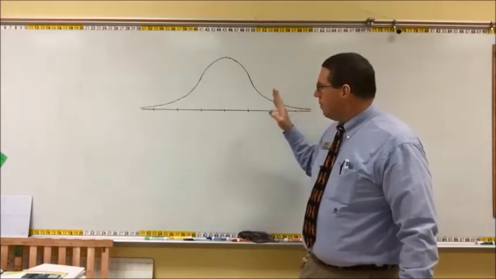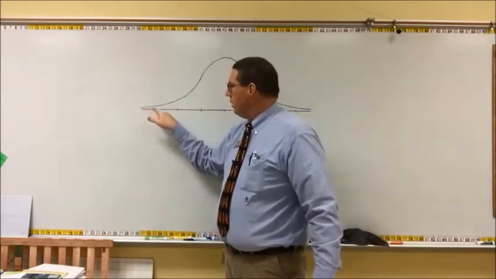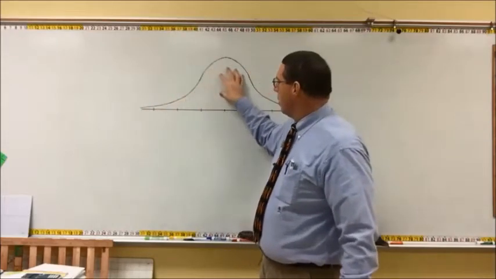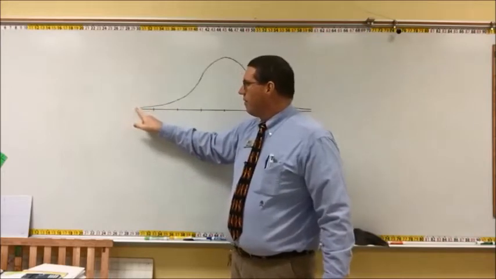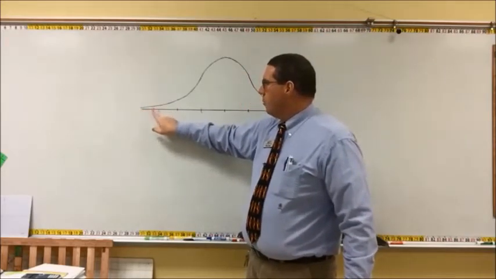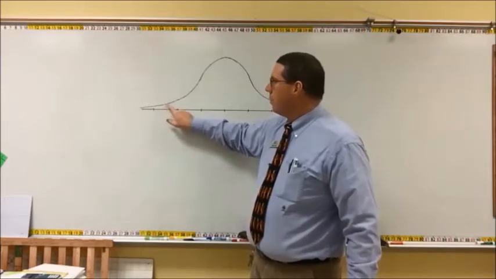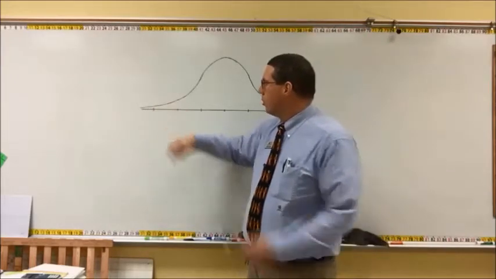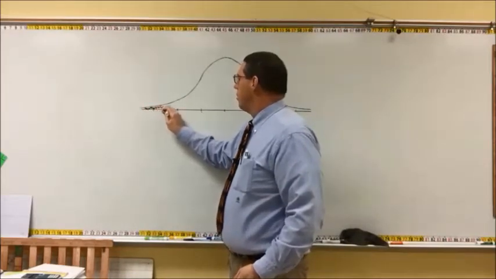Here's what I mean. If we start over here, accumulating the space under this curve, we would have a very small percentage. Then as we keep moving to the right, the total amount we accumulate gets larger and larger, because we keep accumulating more and more.